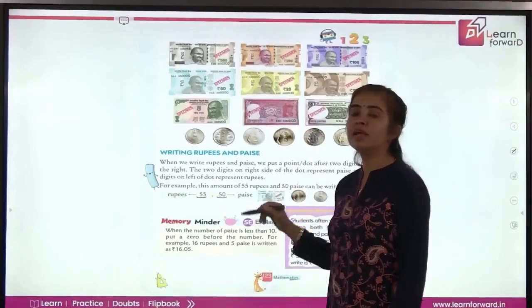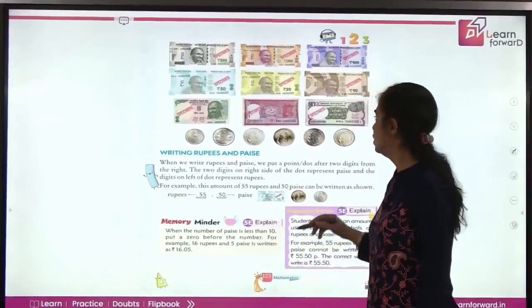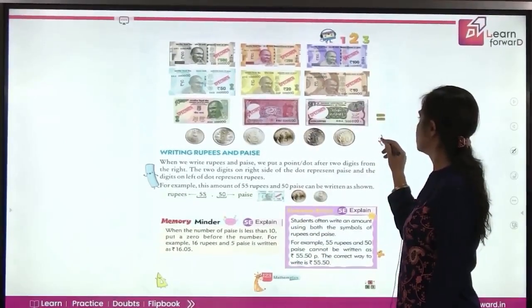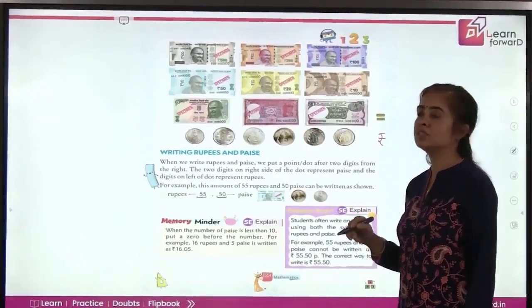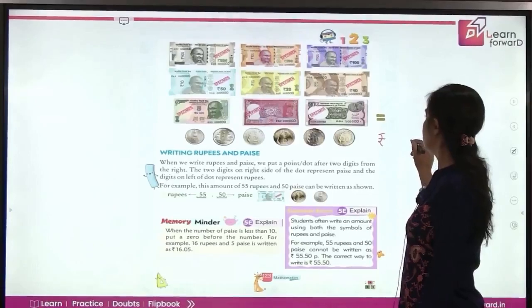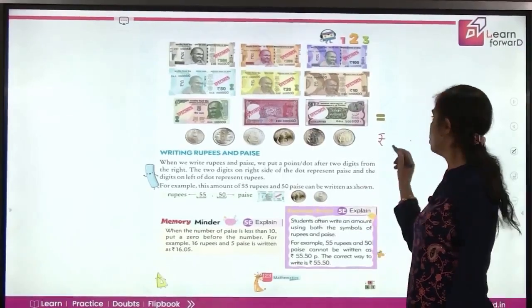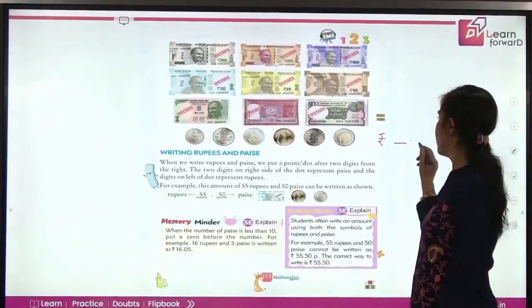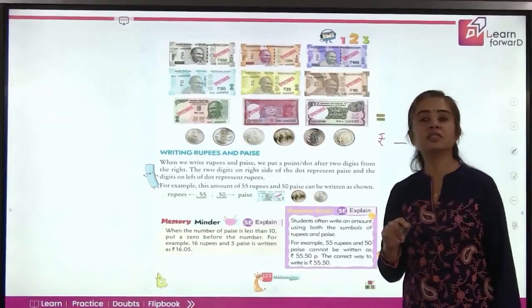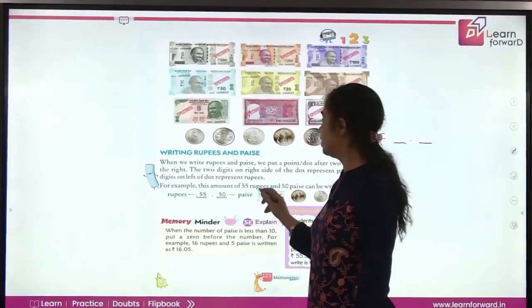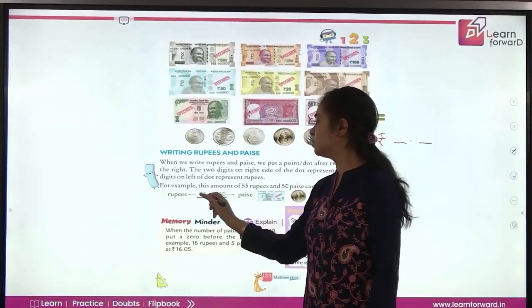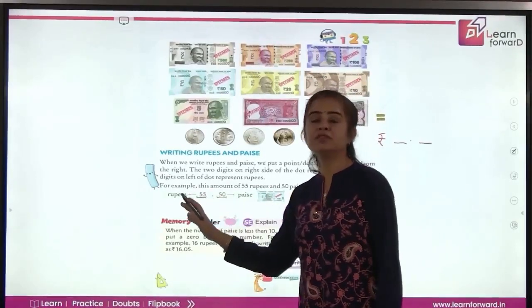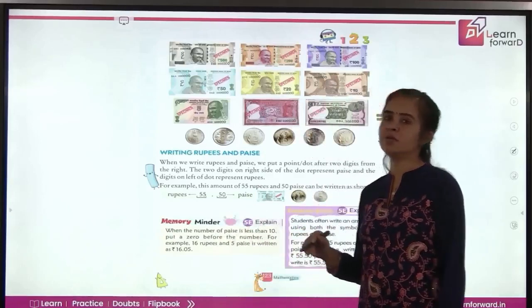Now, how do you write rupees and paise? You know the symbol for rupee is this, right? So when you have to write rupees and paise together, we separate them using a point. The amount before the point is rupees and the amount after the point is paise, but we do not write paise after this. So if you have rupees 55.50, it means 55 rupees 50 paise.